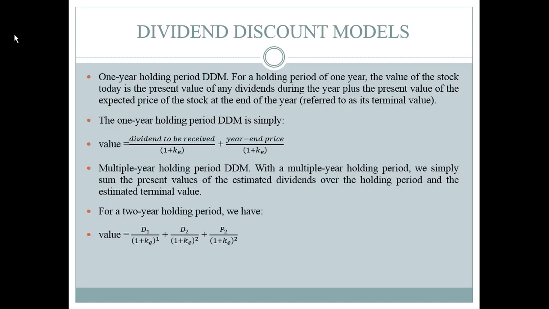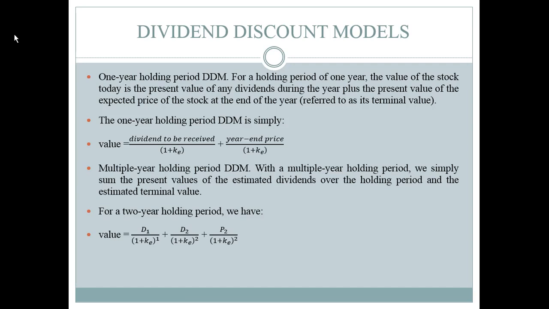All right, so this can also be done on a yearly basis, like the 1 year holding period dividend discount model. So for a 1 year period, you take the dividend to be received, then you discount that plus the year-end price, which is also discounted.